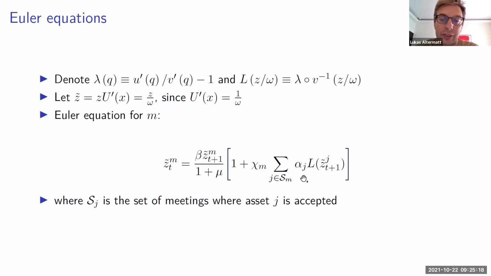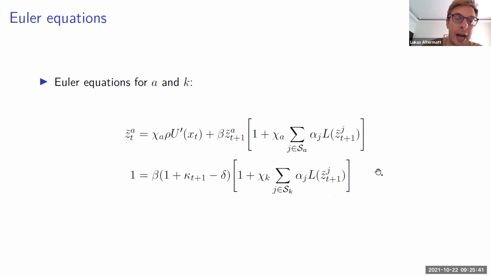And liquidity depends on all the meetings where money is accepted and the liquidity premium in these meetings. So if you're familiar with these Lagos-Wright models, this might look standard, otherwise maybe not. Unfortunately, I don't have time to go into details, but basically the value of money is augmented by liquidity, and the same is true for assets and capital.